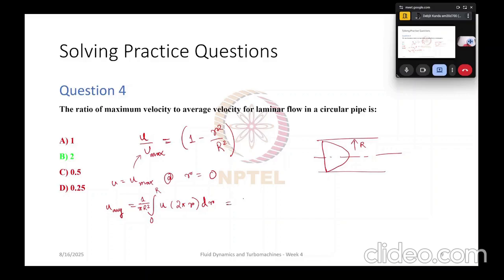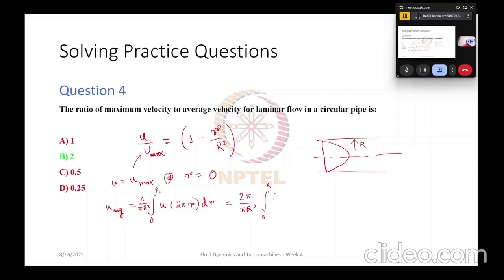So let's evaluate this. We have 1 by pi R square outside, and let's take things out from here. So 2 pi is a constant which I will take out here, and we have to integrate from 0 to R. We have u r dr.